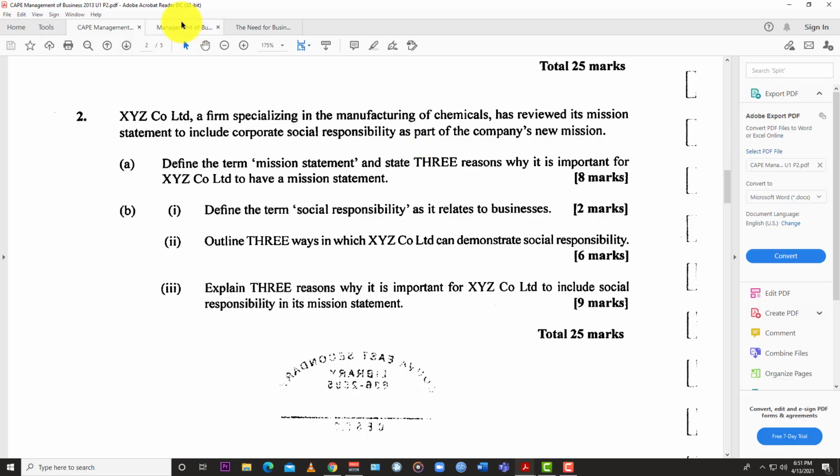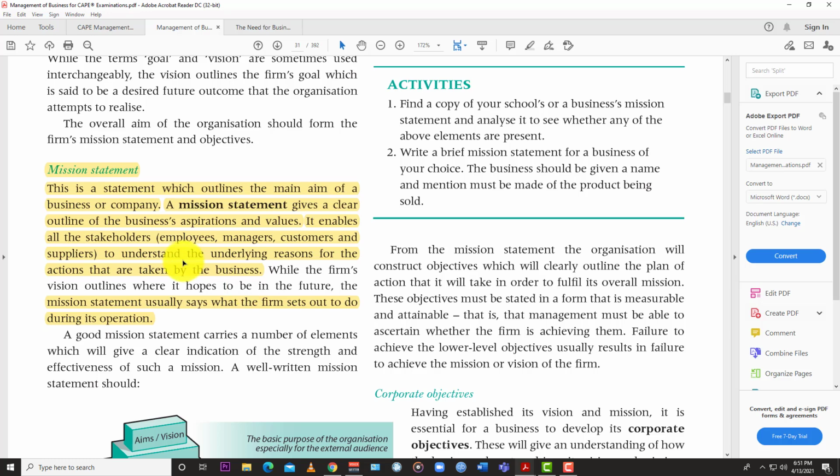So here we go. One reason why it's important to have a mission statement is that it gives a clear outline of the business's aspirations and values. Within your mission statement, you as a company are going to outline what you want to be, what you hope to attain, and also what values you hold. So you can very well separate these two and get 1-2 marks for each.